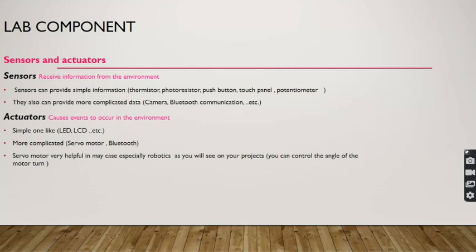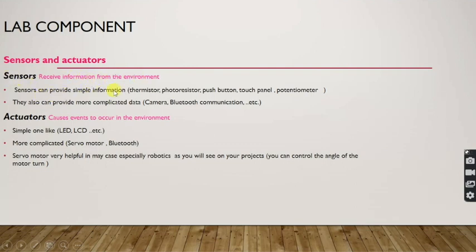With a sensor, you can sense information from the outside world. So the sensor will be an input device. The Arduino will always read from the sensor, reading the information from the environment.